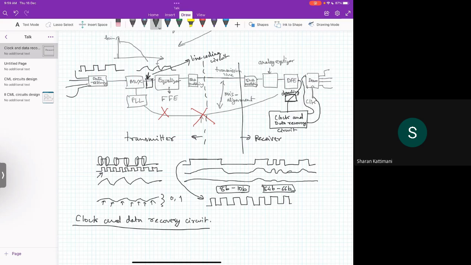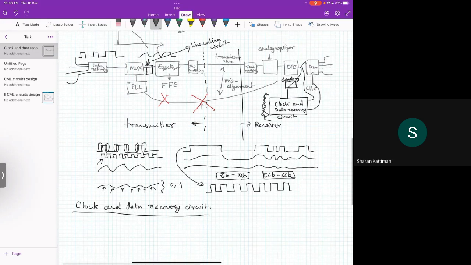But in this particular talk we are going to discuss clock and data recovery, look at what kinds of challenges we need to face, and look at the solutions to get rid of them.